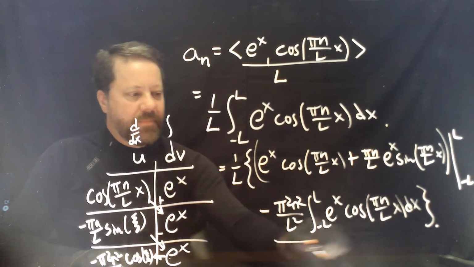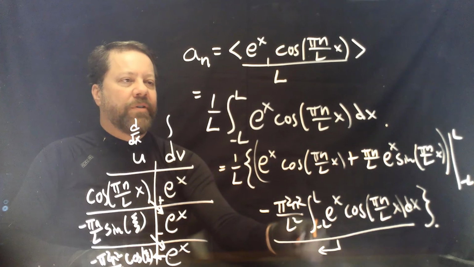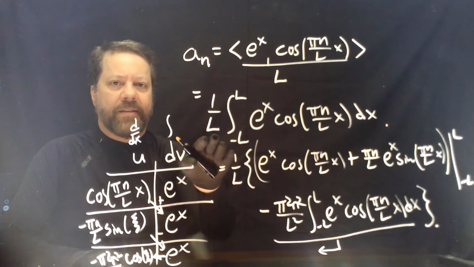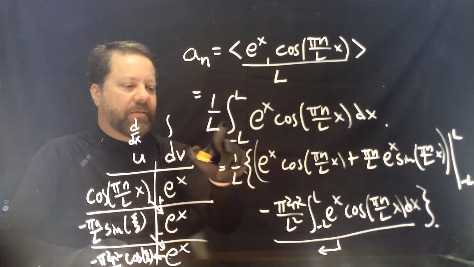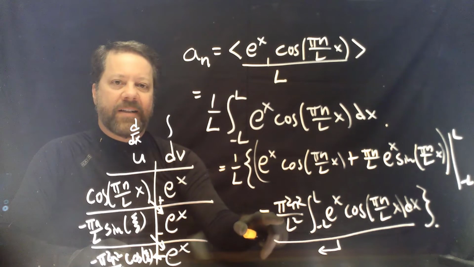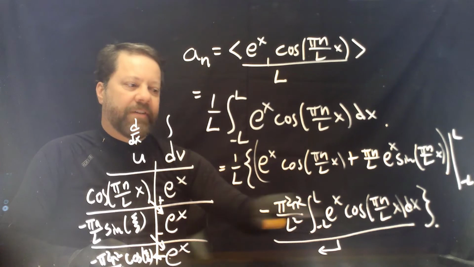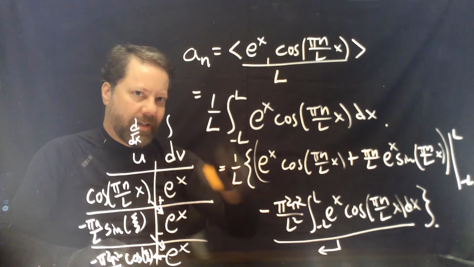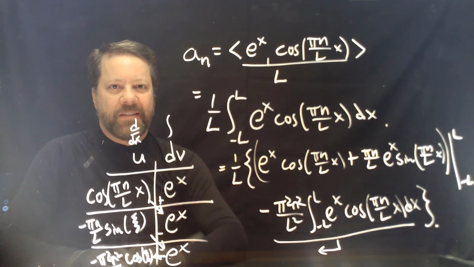So this term, still multiplied by the 1 over L, needs to be moved over to the other side and combined with this other integral. We'll have one of these integrals and pi squared n squared over L squared of those integrals. We'll have to divide that 1 plus pi squared n squared over L squared off, and that will finally give us the integral that we seek.